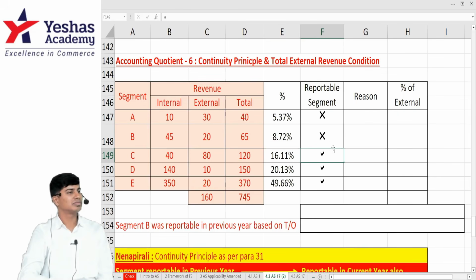Now, next we'll do profit. 5 by 135, 20 by 135, 80 by 135, 10 by 135, 20 by 135. Percentage of result is also done. Lucky you people, there is no profit and loss both, there is only profit. Because in this question, I'm not trying to teach you profit and loss.